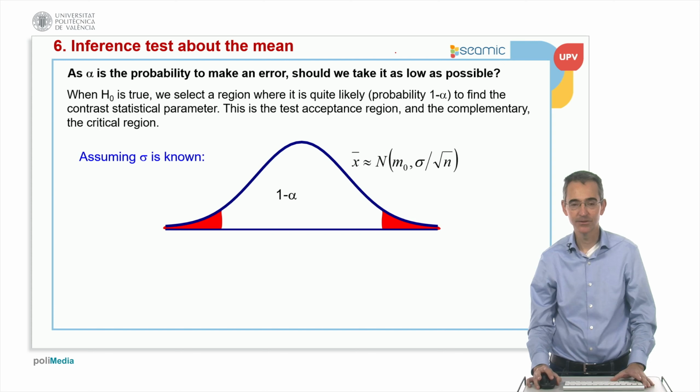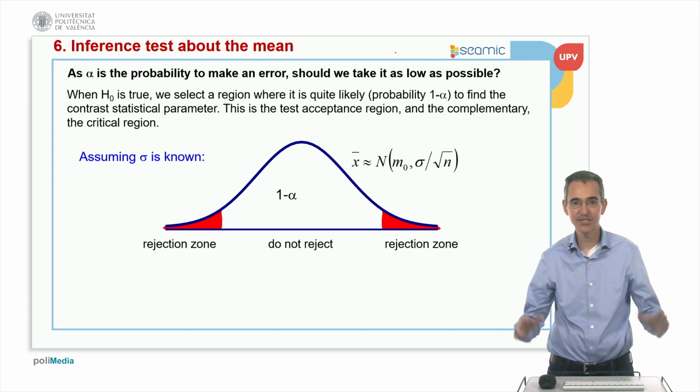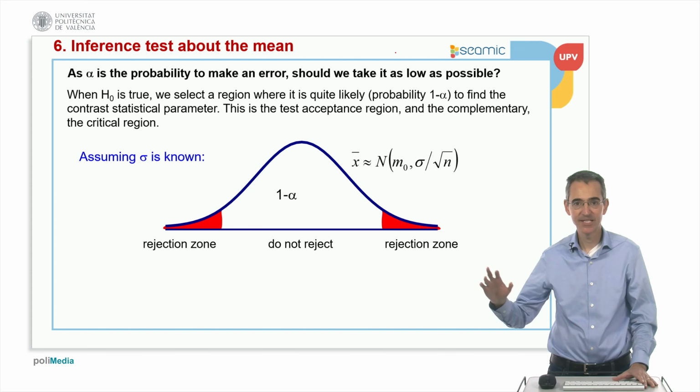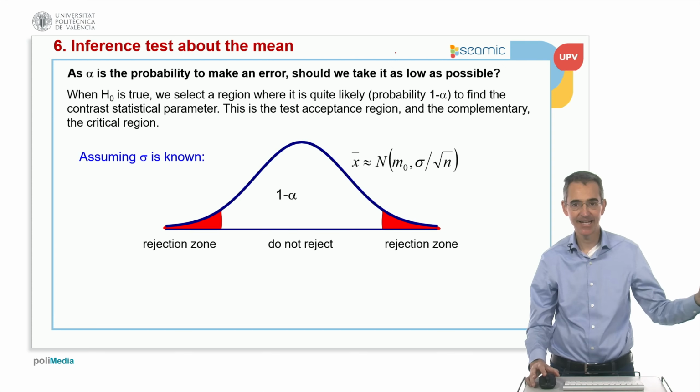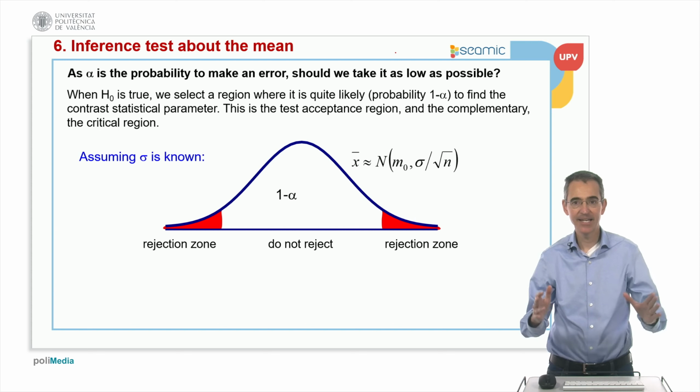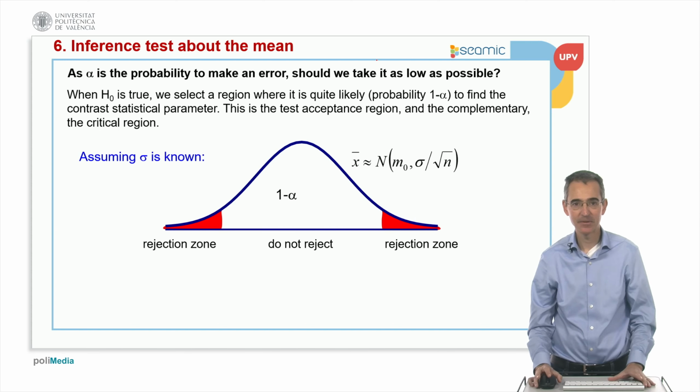Then we have an interval 1 minus alpha, which is the interval of most frequent values of this distribution, and outside, in both tails, we have alpha. If the value is not frequent, we have the rejection zone in one tail and in the other tail. And if we get this parameter in the zone of frequent values, the answer is not to reject.